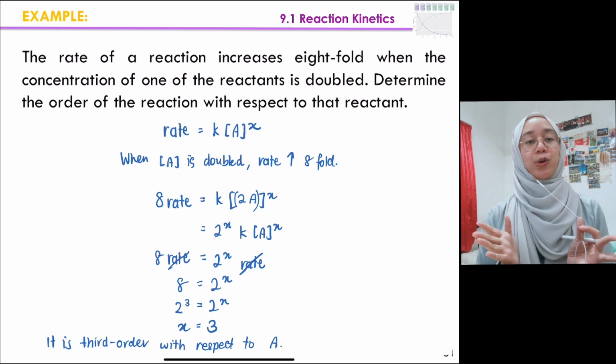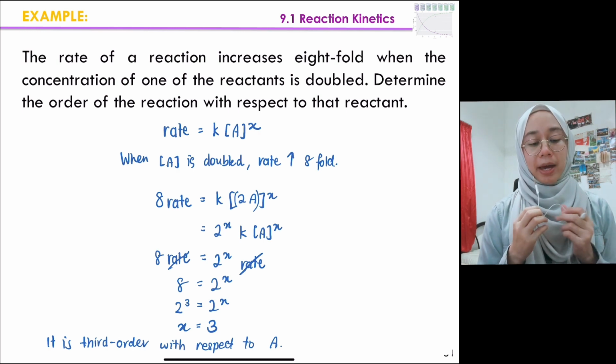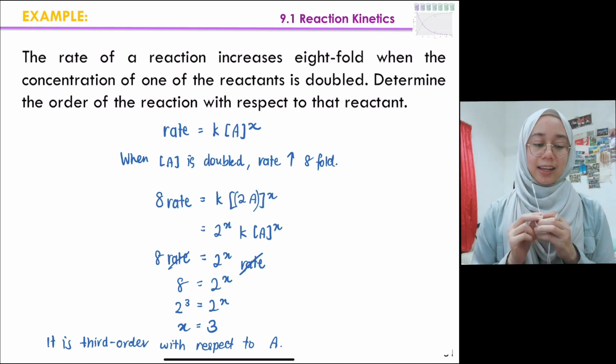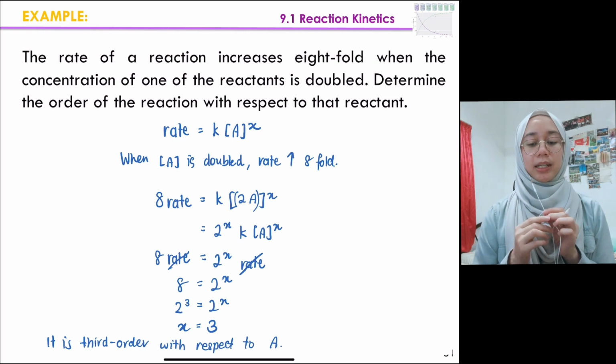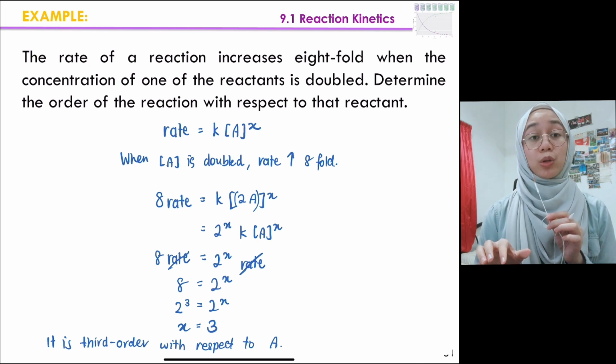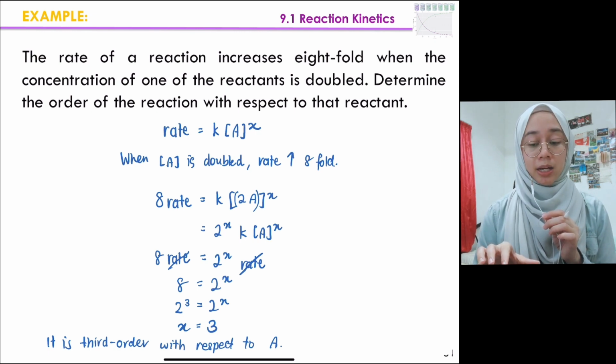Okay, so this is how you determine the order of fraction based on data yang diberi kepada kamu lah. Okay, so next kita tengok kepada unit untuk K pula. K, remember K? K adalah rate constant.